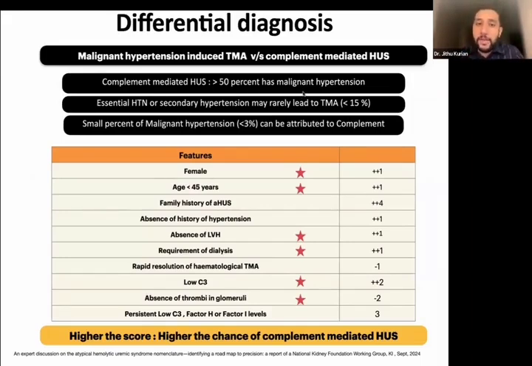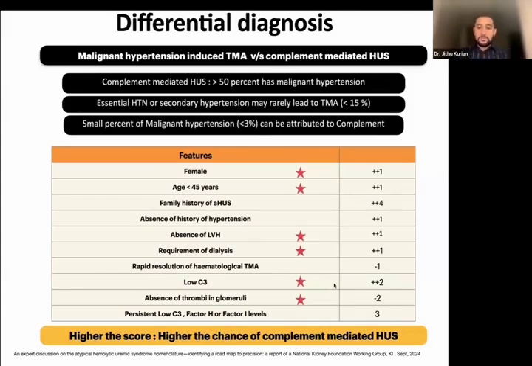Now, if you take it the other way, in essential or secondary hypertension, about 15% can present with TMA. And of all malignant hypertension, a small component, less than 3%, can be attributed to complement. So when the patient presents with malignant hypertension and TMA, many times we really cannot differentiate clinically between these 2.